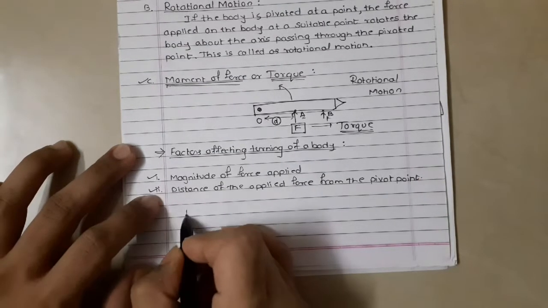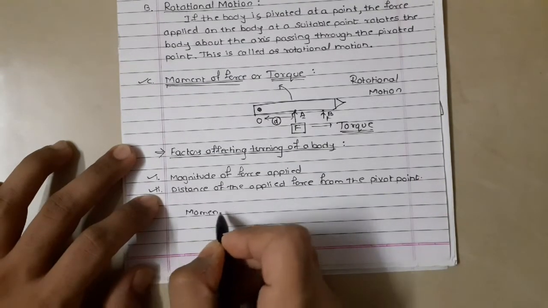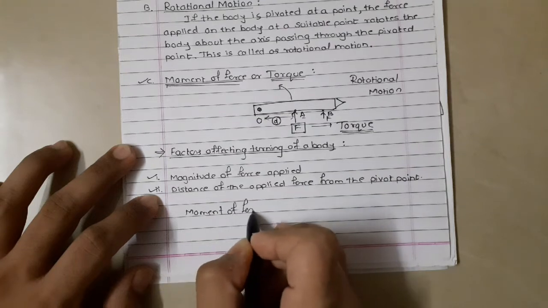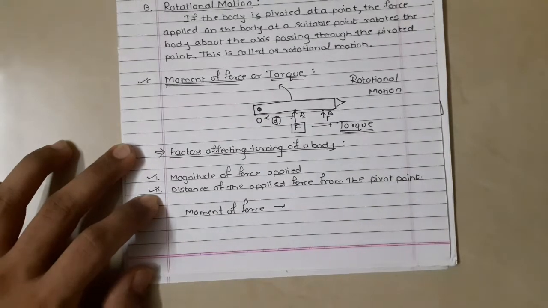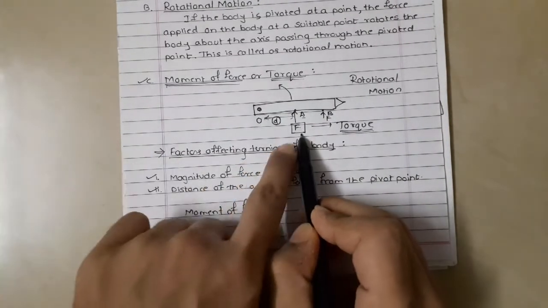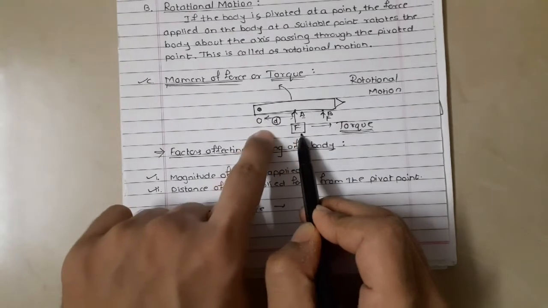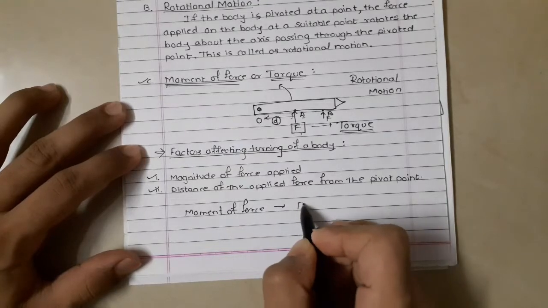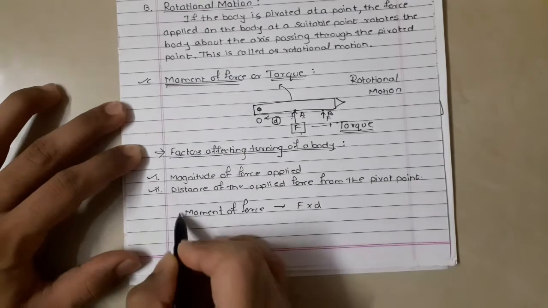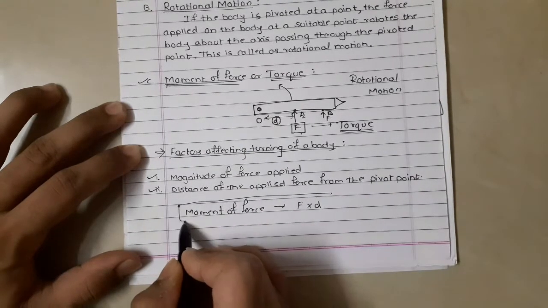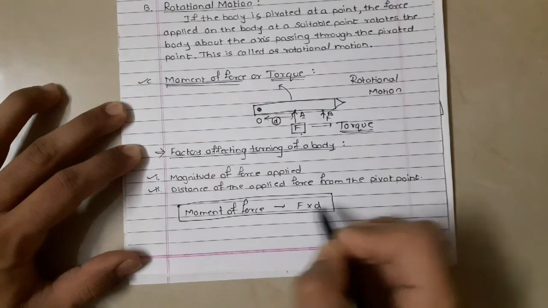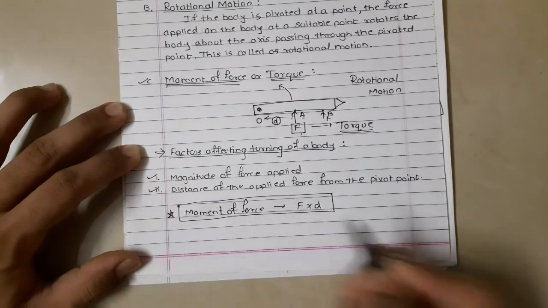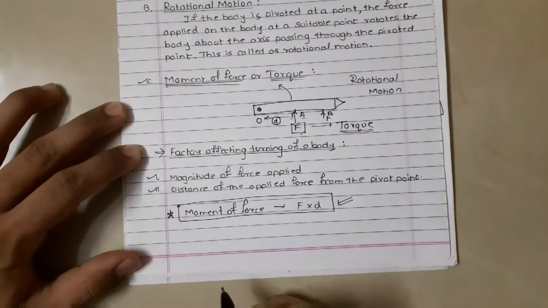So what is moment of force? Moment of force is the product of the applied force and the distance between the applied force point and the pivot point. That means F into D. Remember students, I am boxing this equation because it's very important, please do remember the equation of the moment of force.